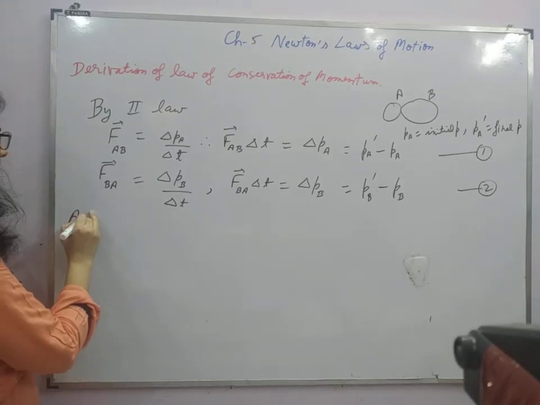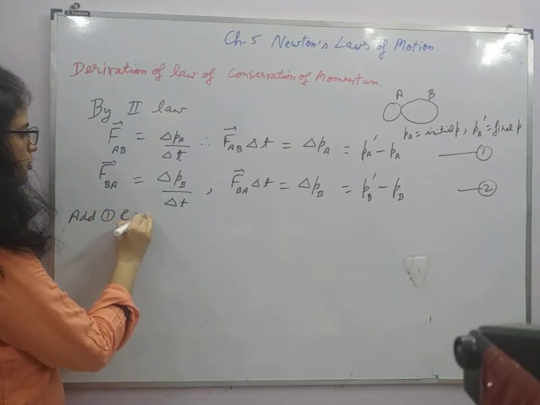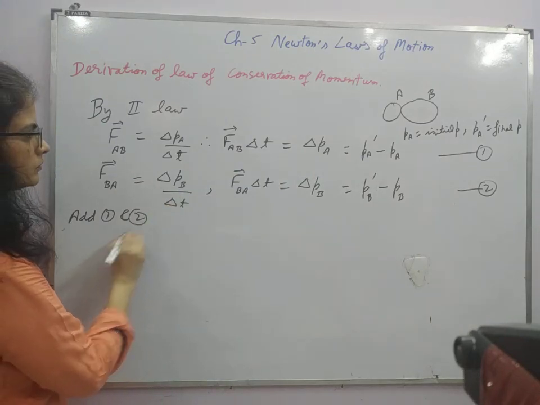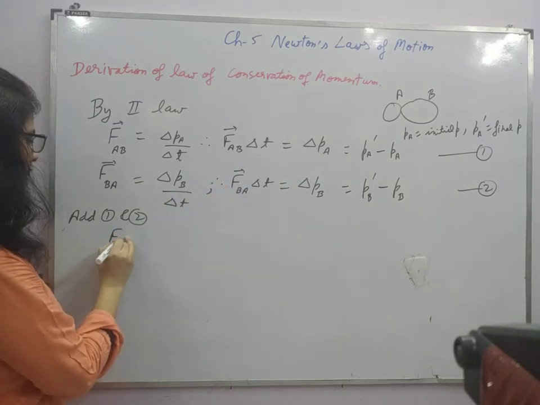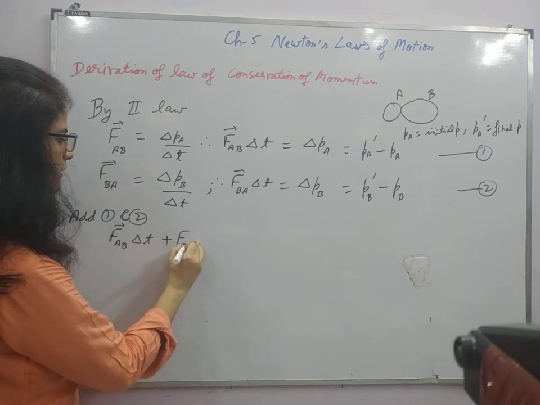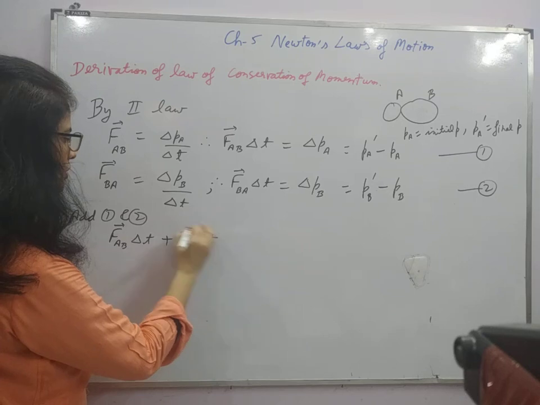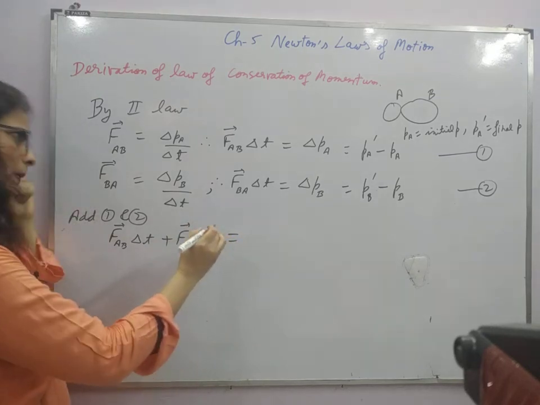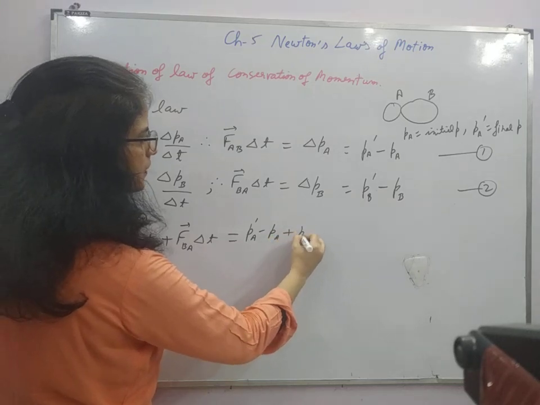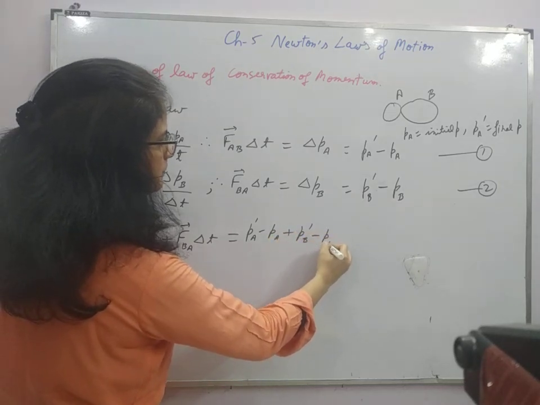Then add 1 and 2. I will get FAB delta T plus FBA delta T is equal to PA dash minus PA plus PB dash minus PB.